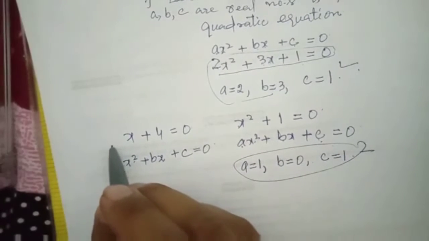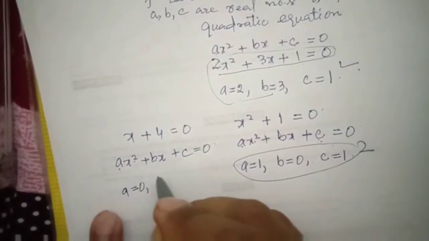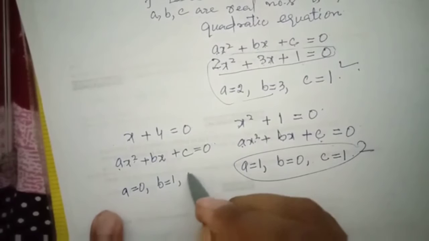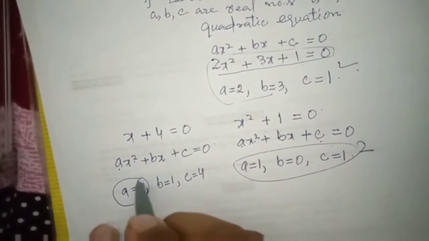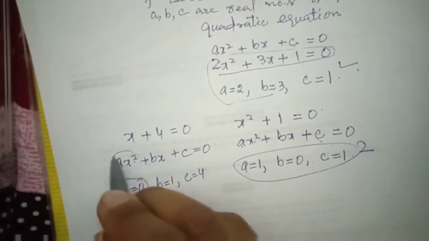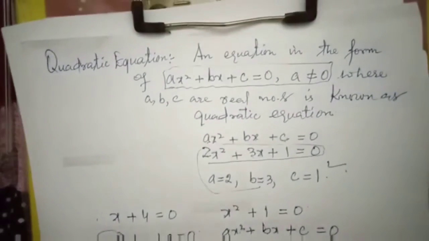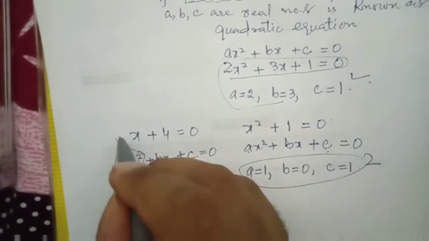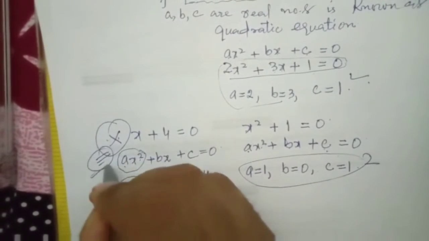Here the term with x square is not present, so I can write a is equal to 0, b is equal to 1, the coefficient of x, and c is here 4. So here a is equal to 0. It means the term containing x square is not present. We have in the general form a should not be equal to 0. So here a is 0, it means this is not a quadratic equation. A should not be equal to 0.